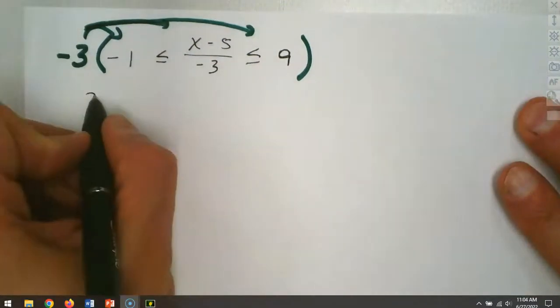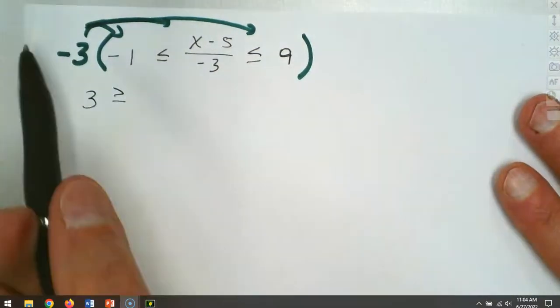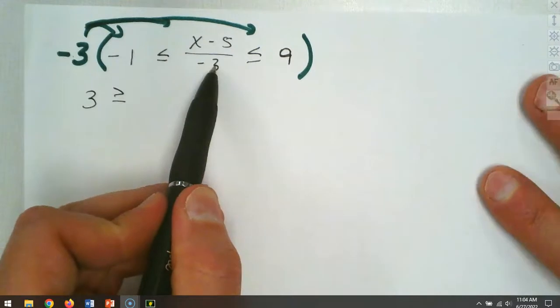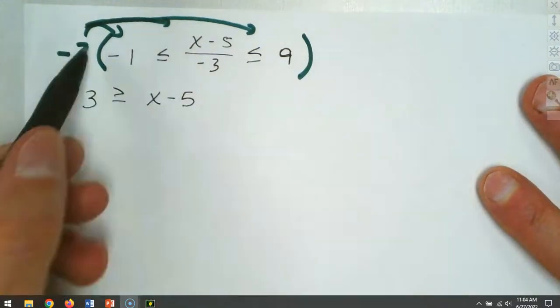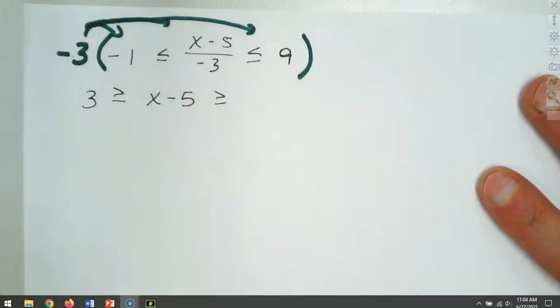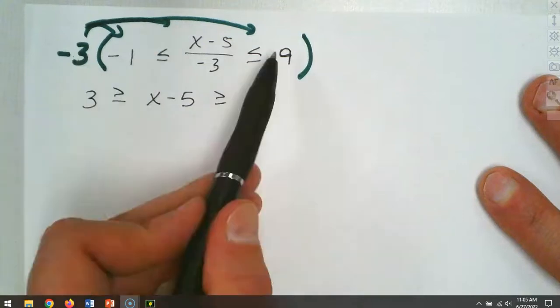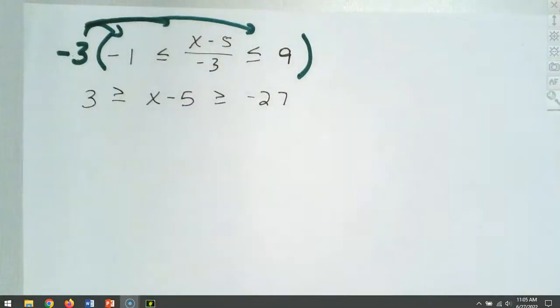Negative and negative makes a positive 3. We flip our inequality symbol. The negative 3's cancel, so that leaves you with an x minus 5, because those cancel directly. We flip our inequality symbol. Negative 3 times positive 9 is a negative 27.